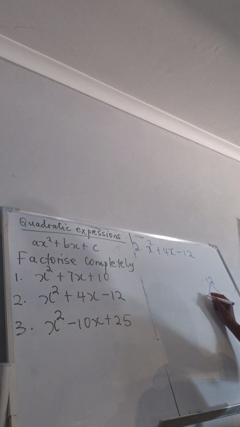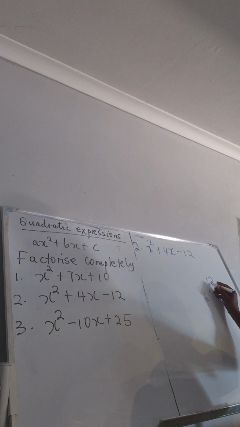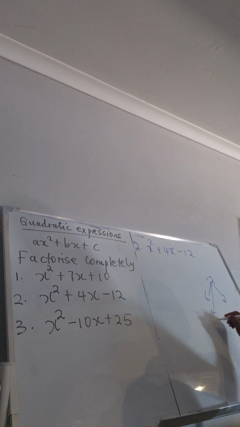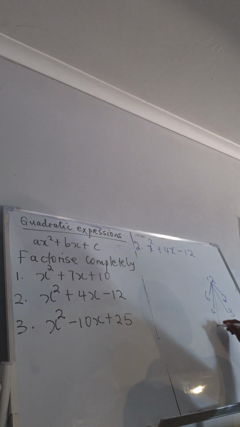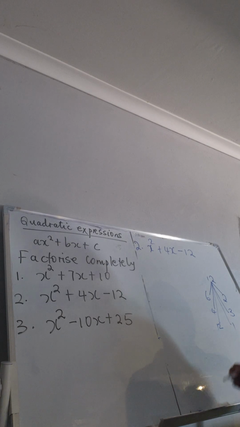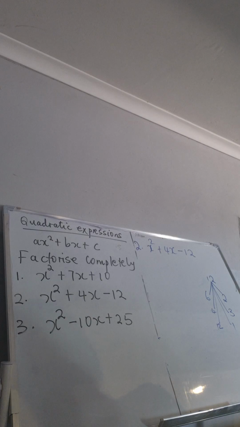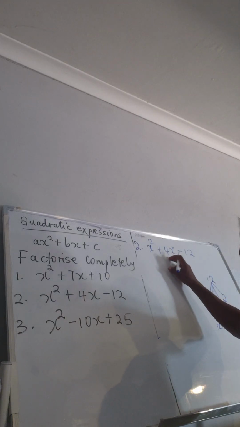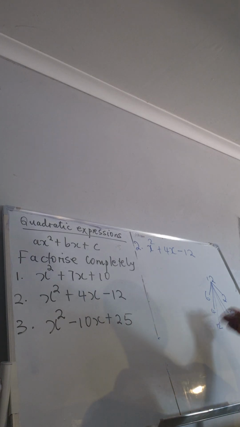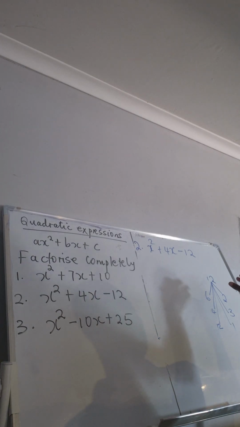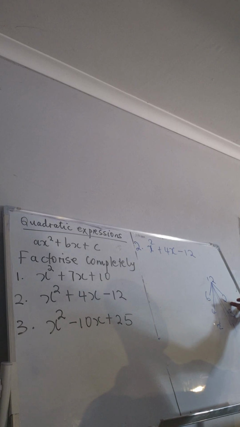The factors of 12 that we know are 6 and 2, then 4 and 3, and 12 and 1. But then, we must get 4 when we add them or subtract them. So the only pair which gives us 4 is 6 and 2.